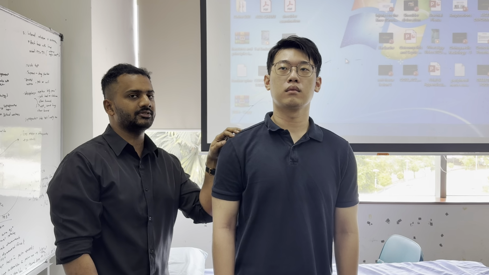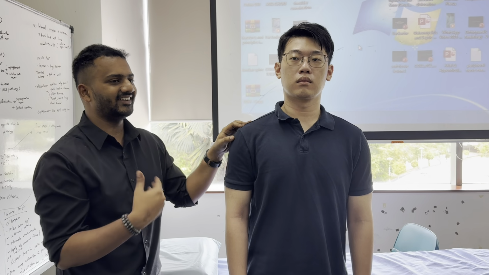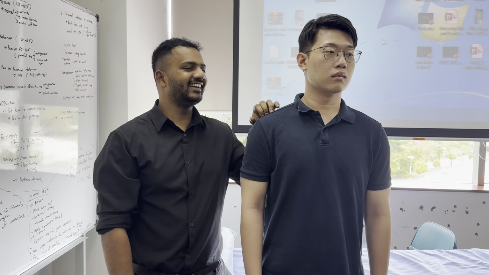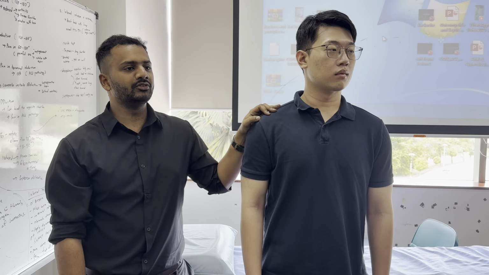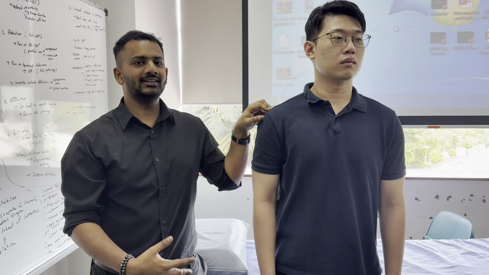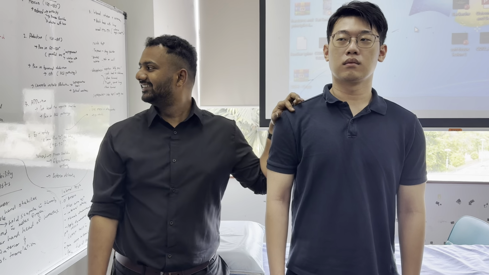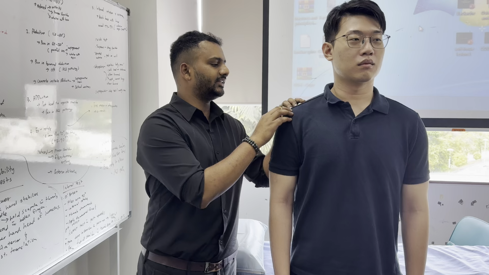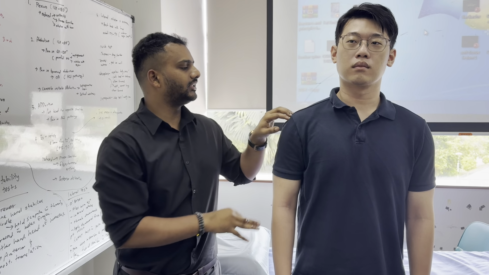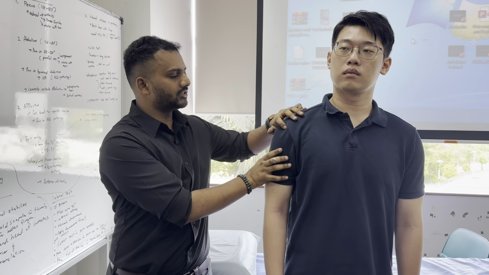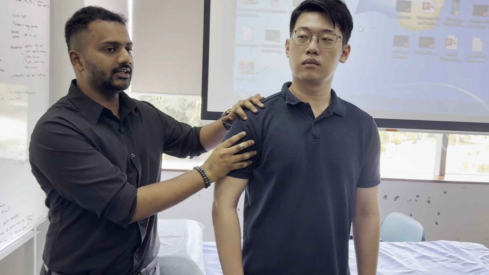Biceps tendon. Where's the biceps tendon? About 1 to 4 cm lateral to the anterior edge of the acromion, with the patient's arm internally rotated by 10 degrees.